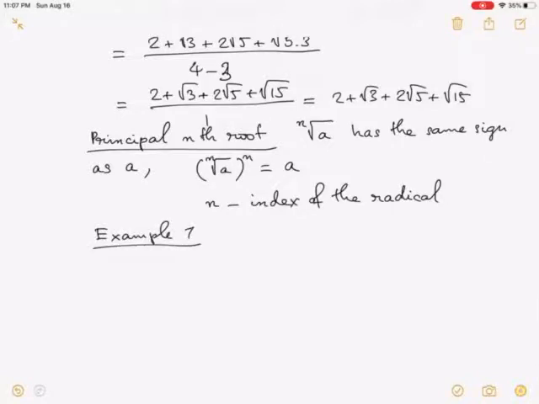Example 7. So the cubic root of 8x to the power of 9 divided by 125.